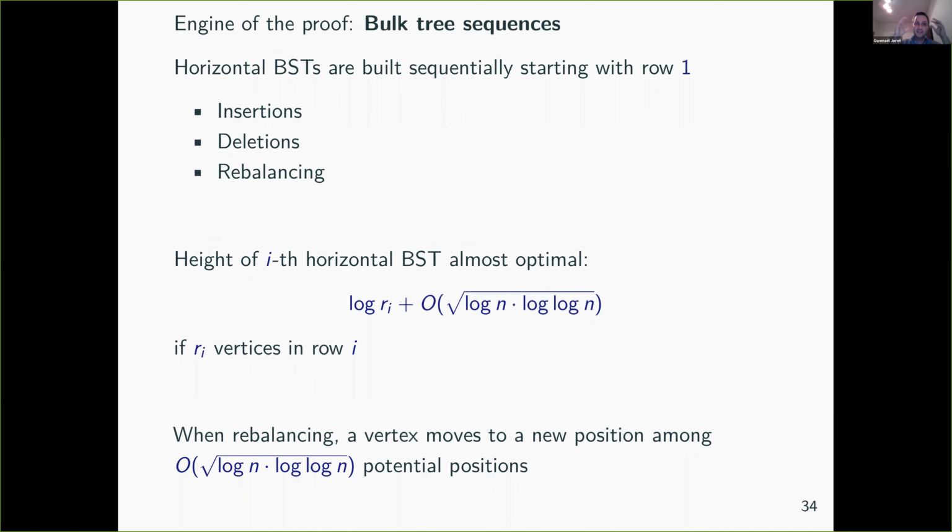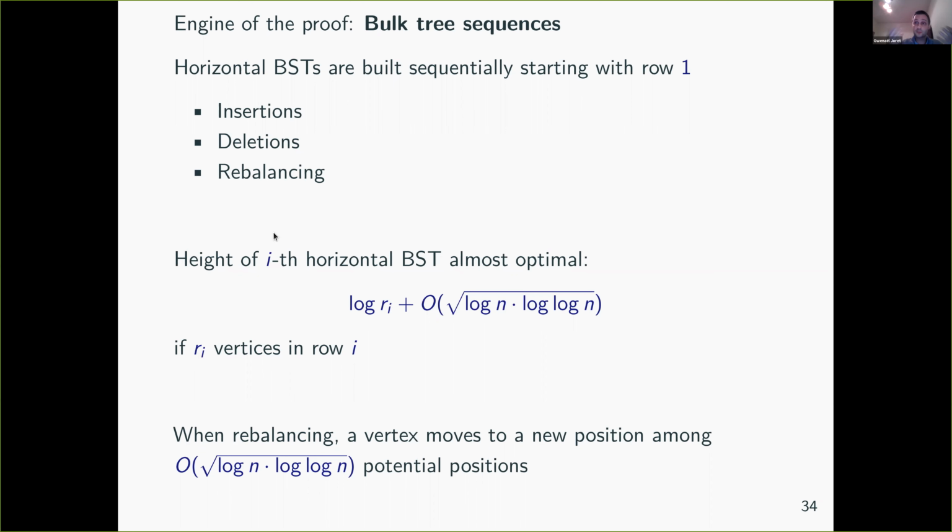And we rebalance in such a way that at every time, the new BST has almost optimal height. So if you have R sub i vertices in the ith BST, then you would like the height to be log of that number of vertices. And then we allow a little bit of slack, which is some little o of log n.